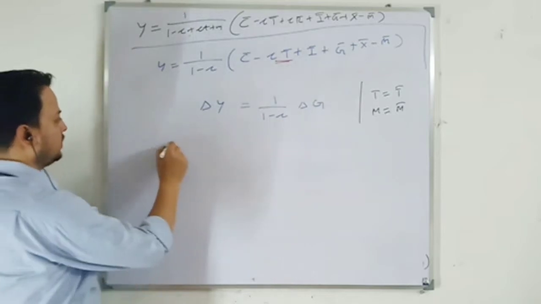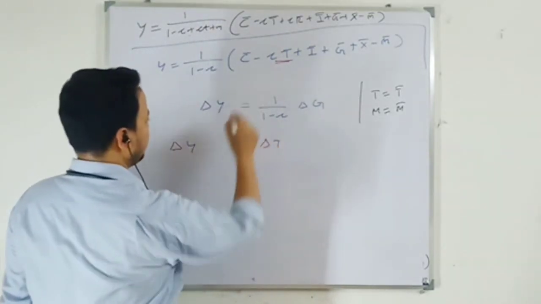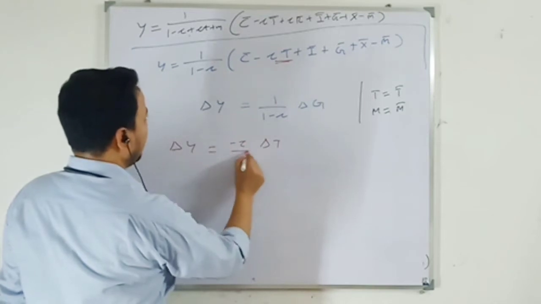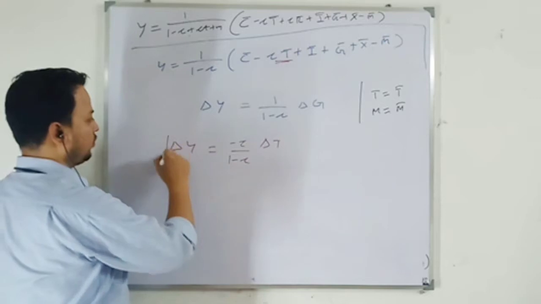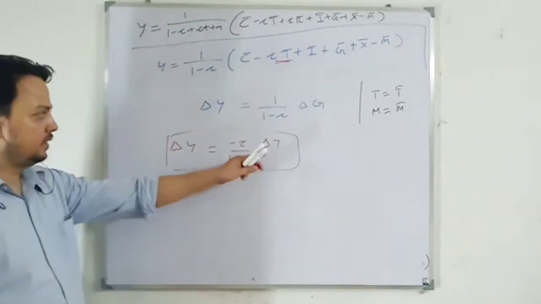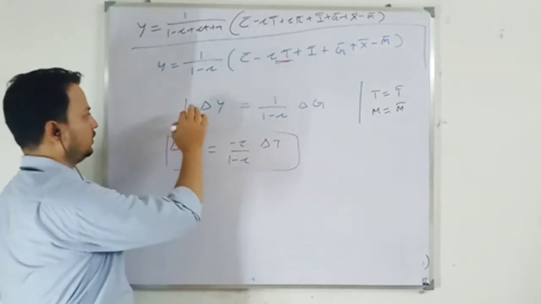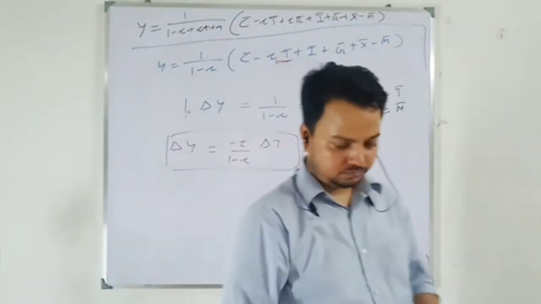So change in income due to change in tax has minus C with it, and the multiplier is 1 minus C, given by the following equation: minus C over 1 minus C delta T. This is the second equation.